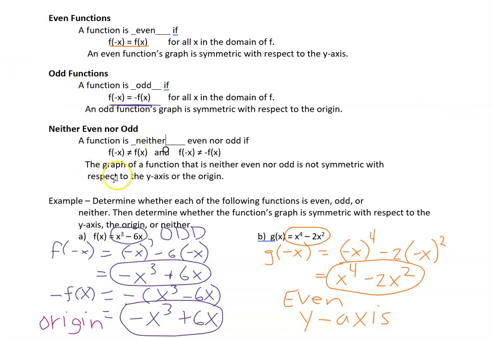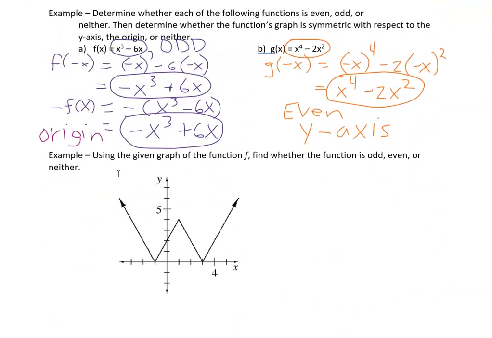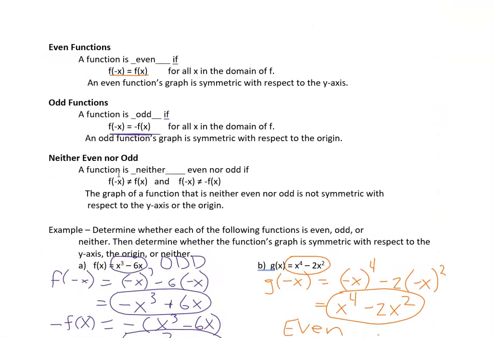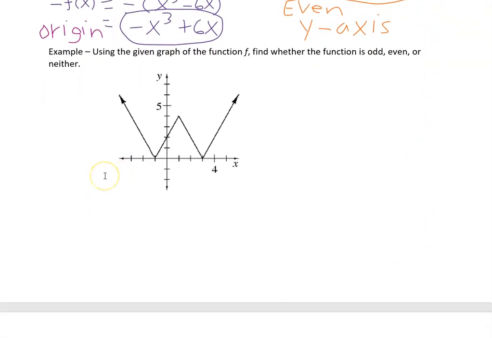If, however, we are given the graph, we can still determine whether or not it's odd, even, or neither just by looking at the symmetry of the graph. So remember, if it has symmetry with respect to the y-axis, then it's going to be an even function. If it has symmetry with respect to the origin, it's going to be an odd function. And if it doesn't have either of those symmetries, it's going to be neither.